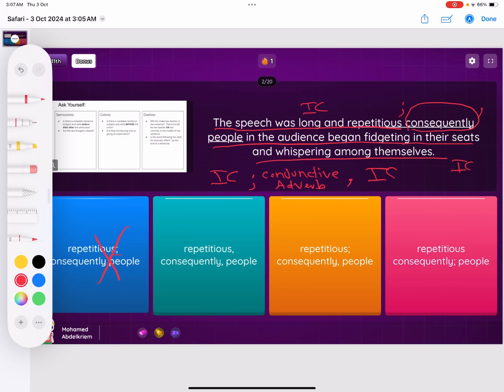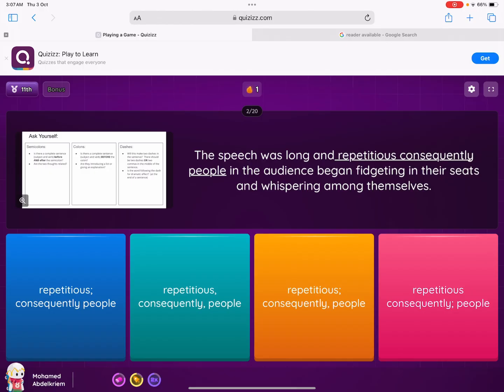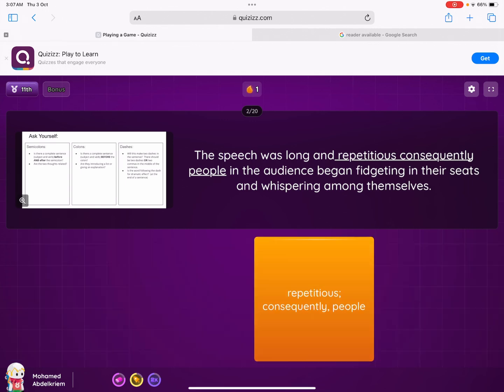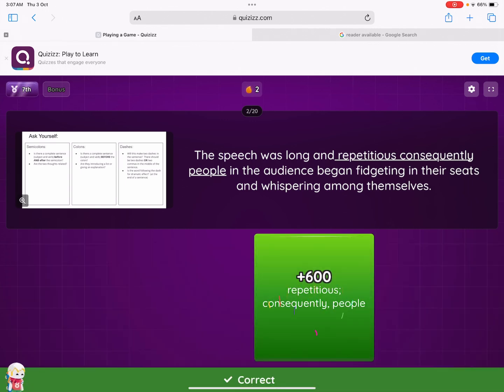So this one is wrong. The second one here, comma and comma before and after consequently, and this is wrong as well, because it joins 2 independent clauses. Here I use the semicolon before the conjunctive adverb and a comma after the conjunctive adverb, which is the same as this one. So this one is correct. We said semicolon before the conjunctive adverb, comma after the conjunctive adverb. So this is the correct answer.